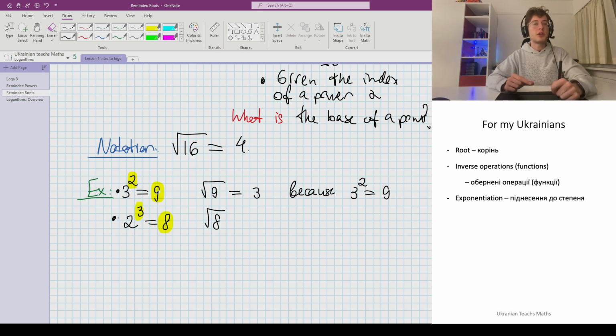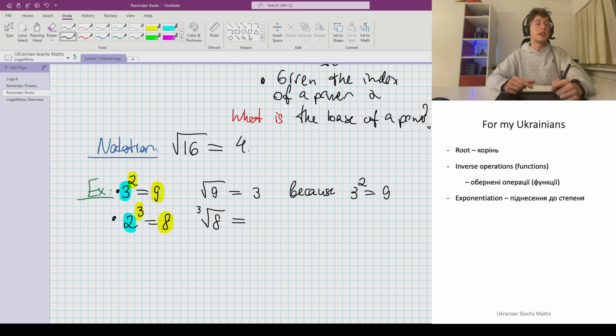What base should I take that raised to the power of 3 is going to be 8?